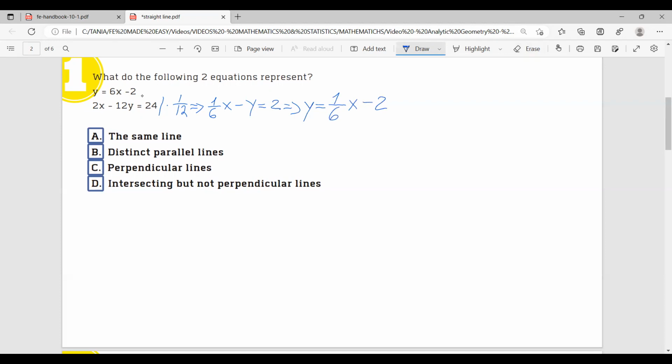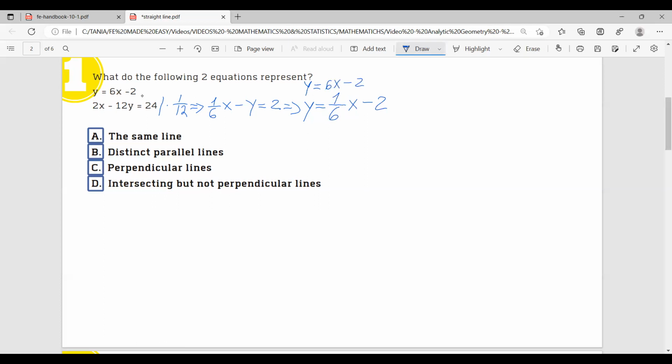Now we can see here, let me rewrite the first equation somewhere as well. Our first equation is y equals 6x minus 2.